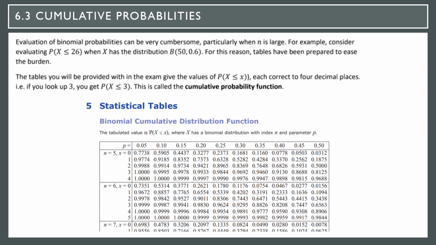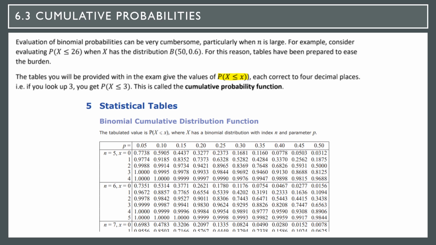For this reason, tables have been prepared to ease the burden for us, and you can also use your calculator to find probabilities, which we will touch on later in this video. The tables that you will be provided with during your exam find the probabilities that x is less than or equal to a given value of x. It is really important to note that your tables and your calculators always represent less than or equal to when finding cumulative probabilities.